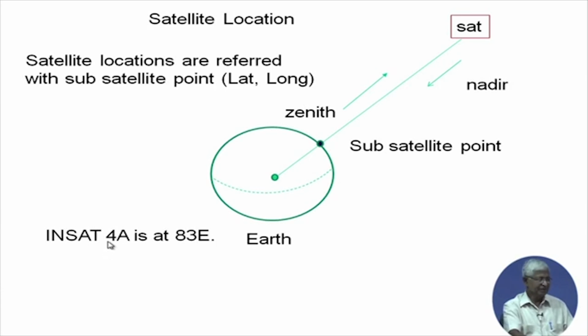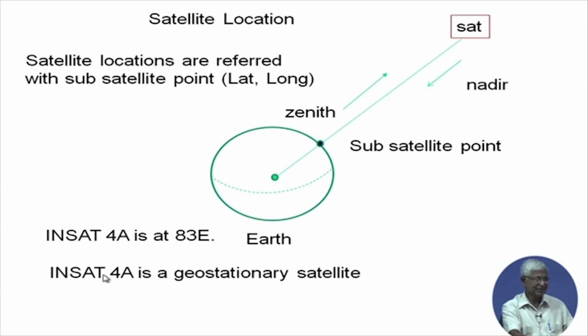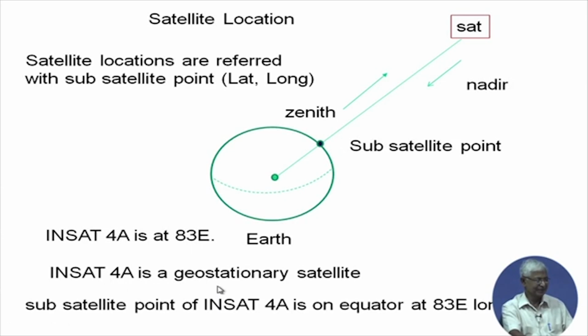INSAT 4A is one of the 4th generation satellites, at 83° east. Stop there. It talks about the longitude, and it does not mention a latitude, which means it is a geostationary orbit satellite where latitude is 0, and its sub-satellite point is at 83° east on the equator. So INSAT 4A is a geostationary satellite, and the sub-satellite point of INSAT 4A is on the equator at 83° east longitude.